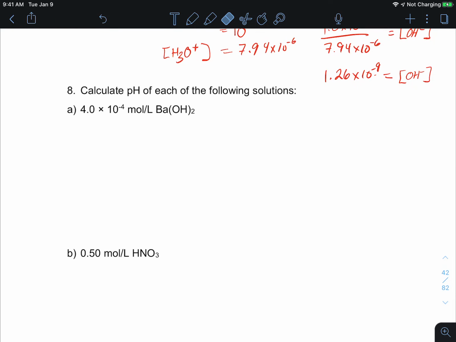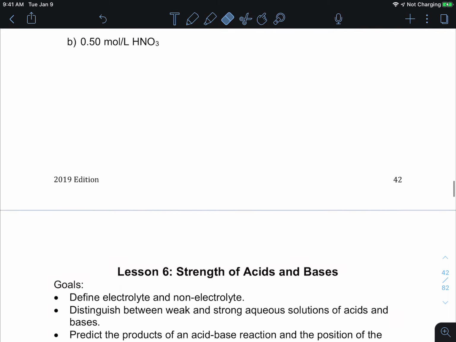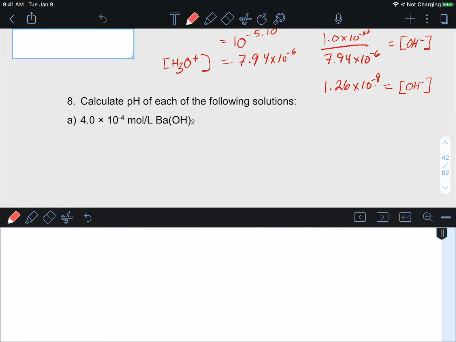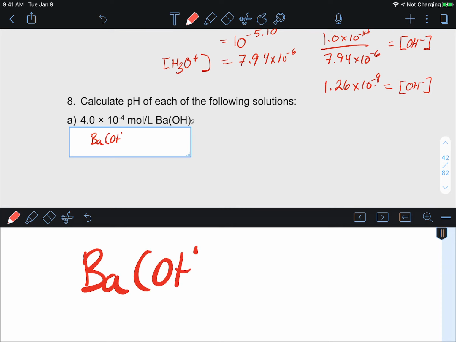Okay, so calculating the pH of the following solutions. Let's just go through and try one more of these. Let's do this barium hydroxide one. So barium hydroxide, the first thing we need to consider is that barium hydroxide does not dissociate into a single hydroxide, but it does dissociate into two.